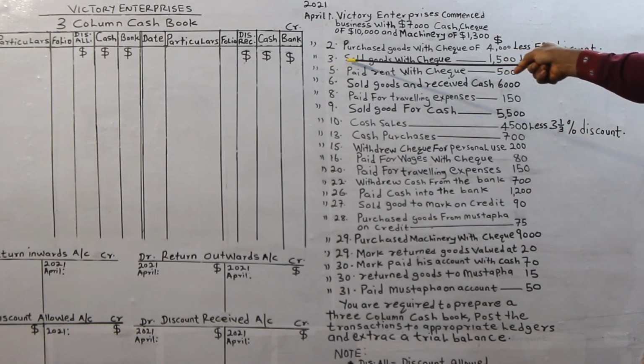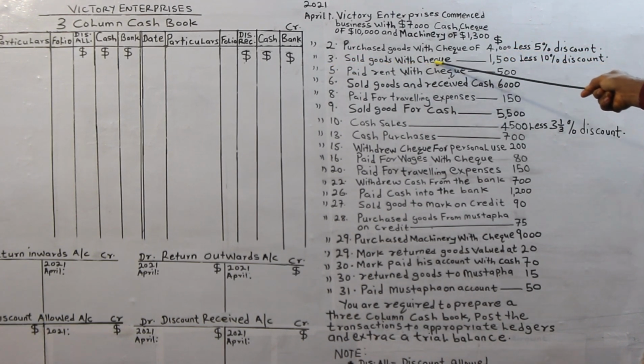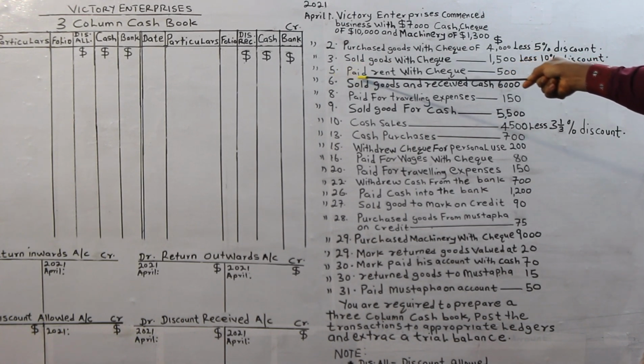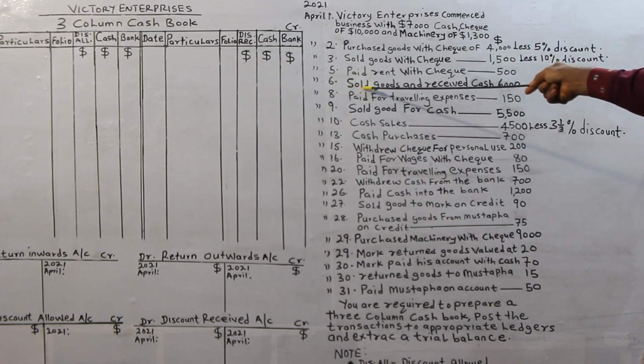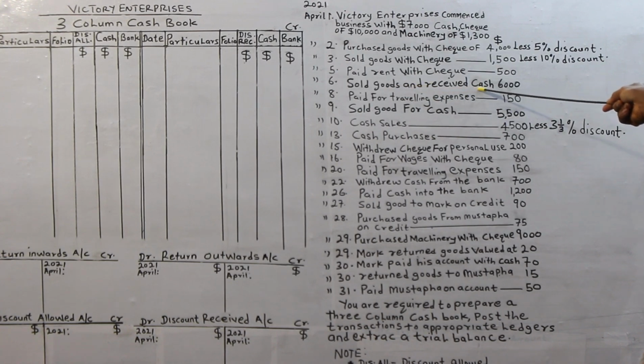April 3rd, sold goods with check $1,500 less 10% discount. April 5th, paid rent with check $500. April 6th, sold goods and received cash $6,000.